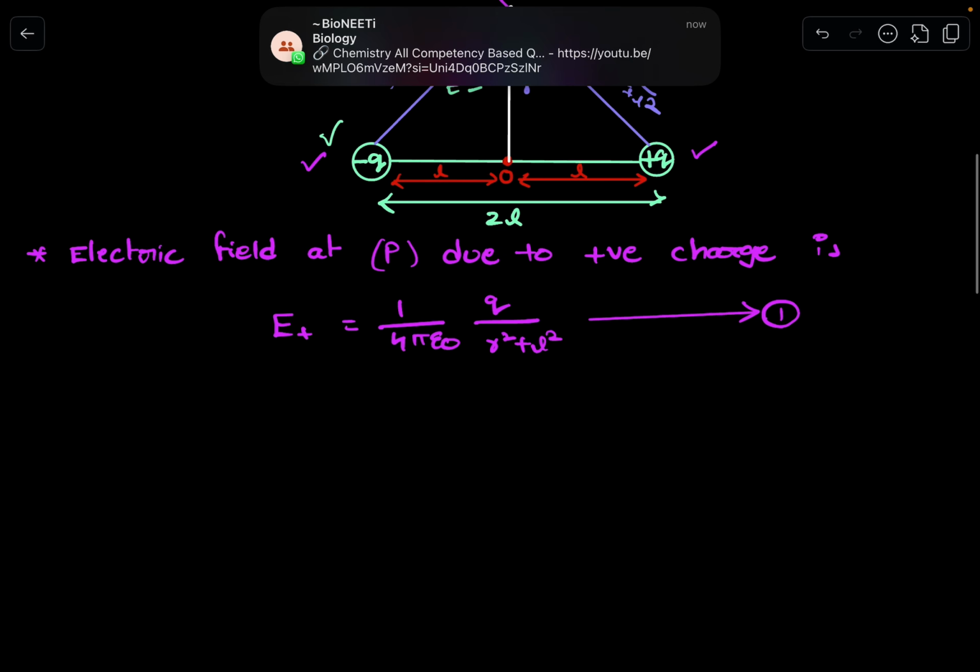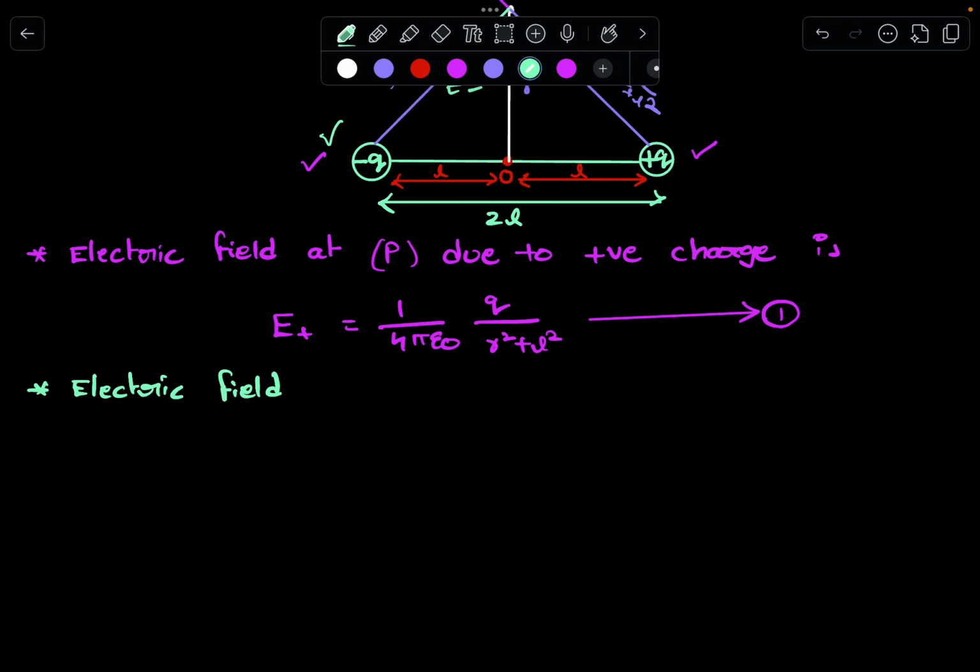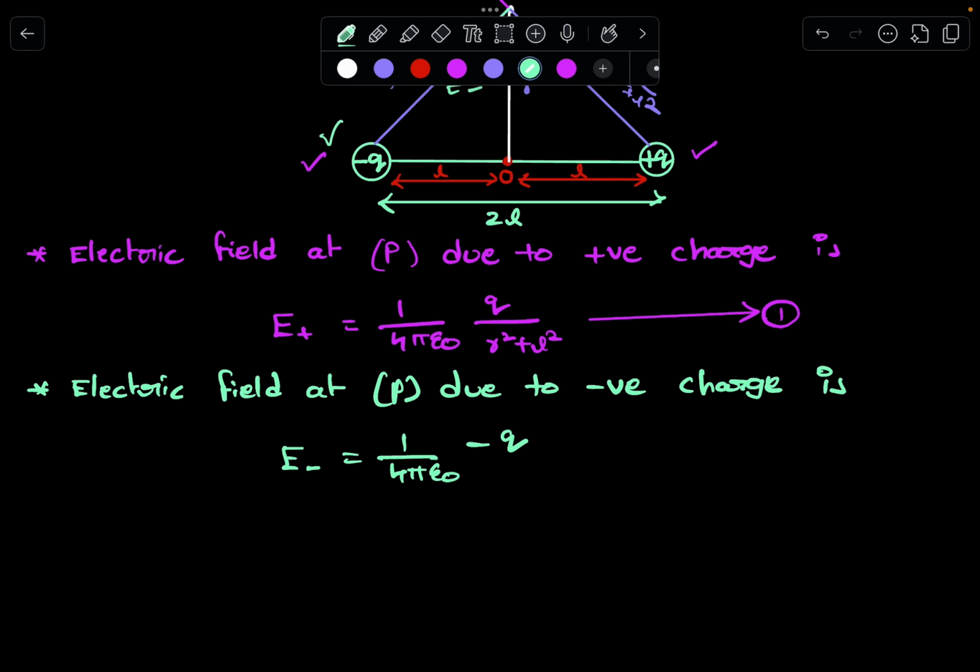The electric field at P due to the negative charge is E minus is equal to 1 by 4 pi epsilon naught into minus Q. Why am I taking minus Q? Because the second charge is the negative charge. So over r square plus L square. Let us assume this is equation number 2.